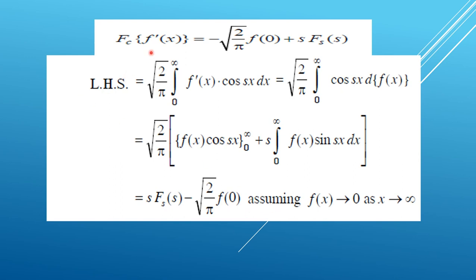Thus we find the Fourier cosine transform of f'(x) is equal to s F_s(s) minus root over 2 by pi f(0).